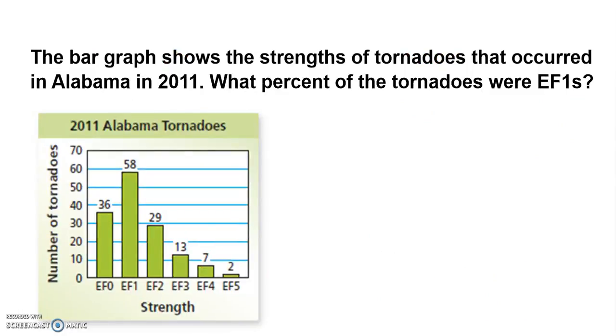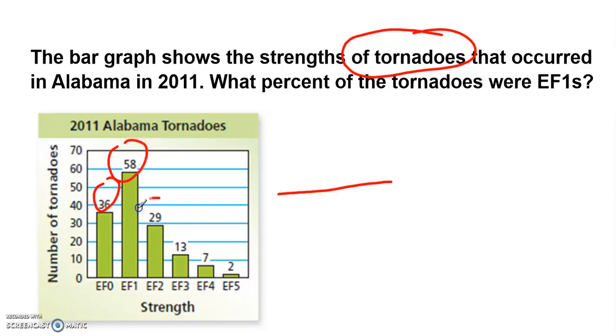Ew, it's a story problem. Just kidding. Okay? This is just a story problem. We got this. So the bar graph shows the strengths of tornadoes that occurred in Alabama in 2011. What percent of tornadoes were the EF1s? Okay, so it says of tornadoes, so we know tornadoes is going to be at the bottom.